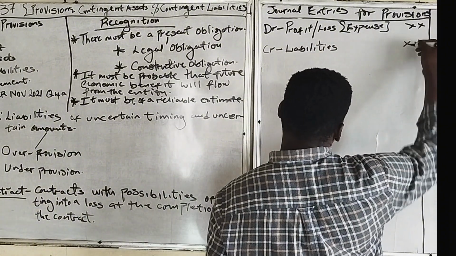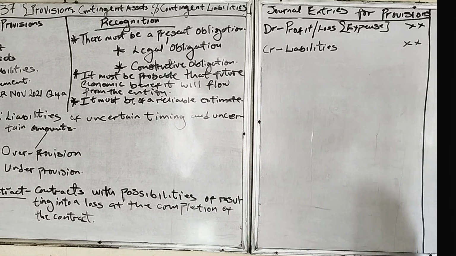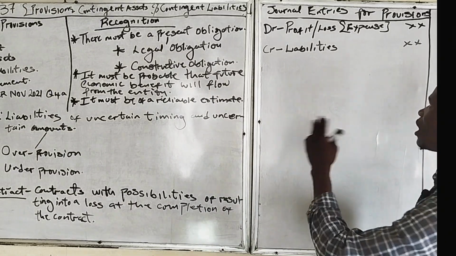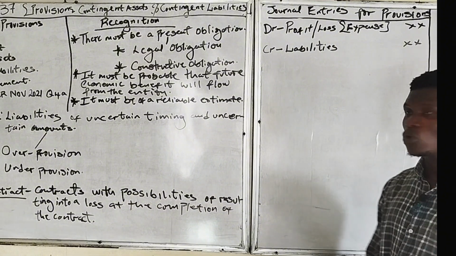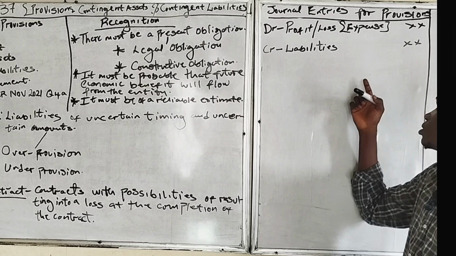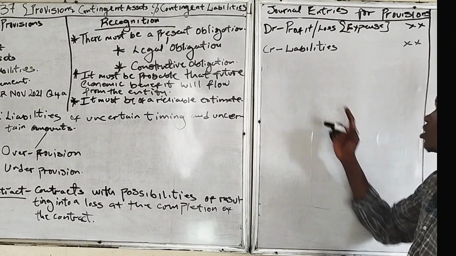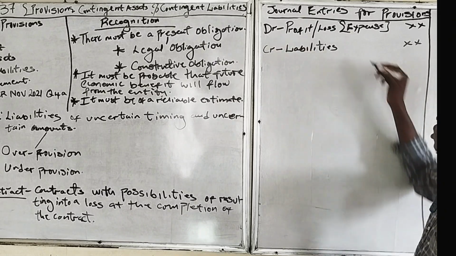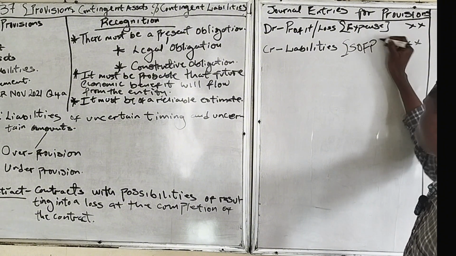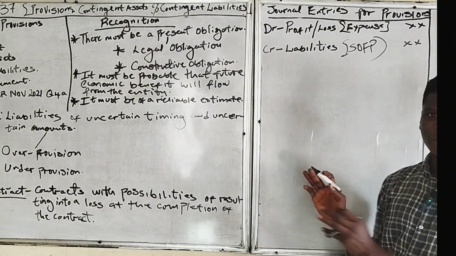So that's at the initial stage, we will debit the provisions to an expense. That's in the statement of profit or loss. We debit it, then we'll credit it as a liability to the statement of financial position. So this is for statement of profit or loss. This is for statement of financial position. So that's that. This is at the initial stage.